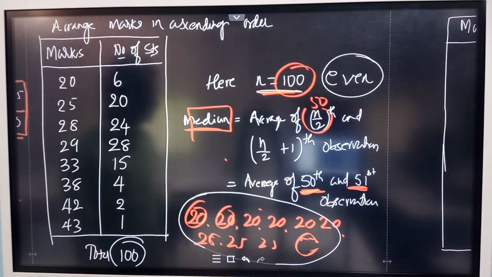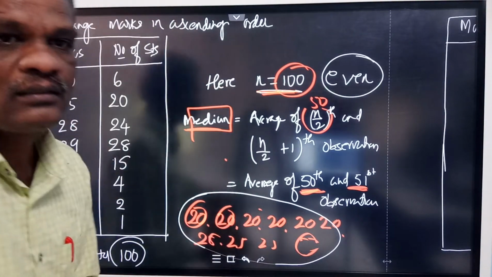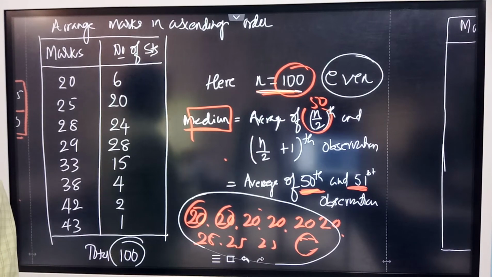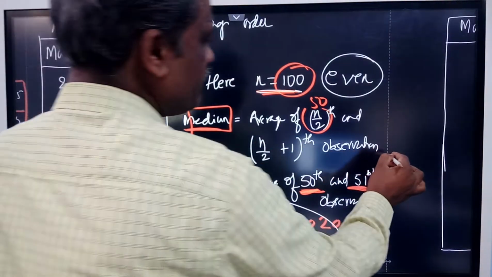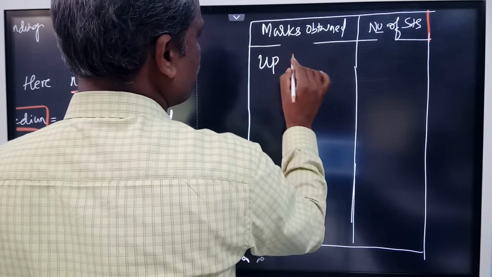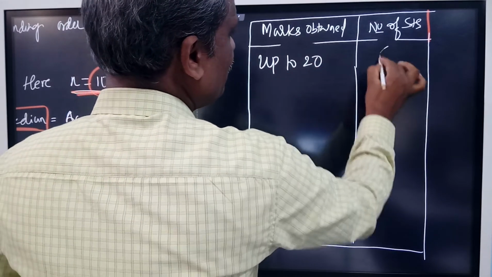You have to arrange this data in a different way, so you have to form a cumulative frequency table here. So now I will write up to 20. How many entries are there? Up to 20 we have only 6.